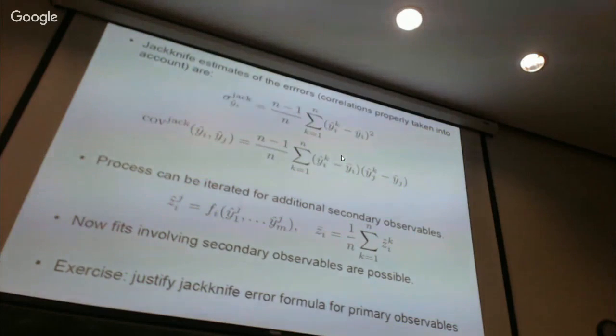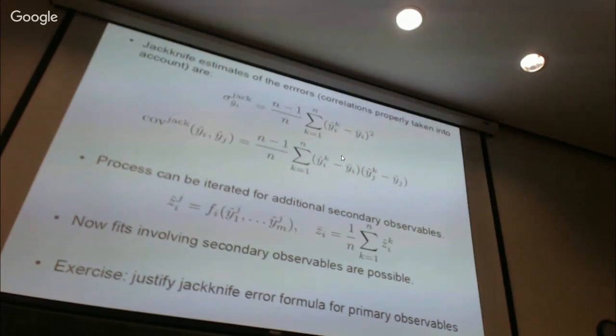Then I just write my routines that give me the secondary observables to operate on this vector, right? So then I get y_i^j, my jackknife replica of the y's, equals some function of these guys.